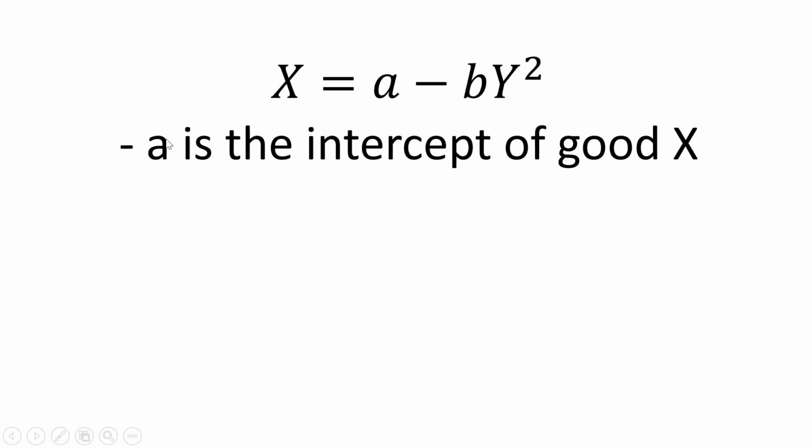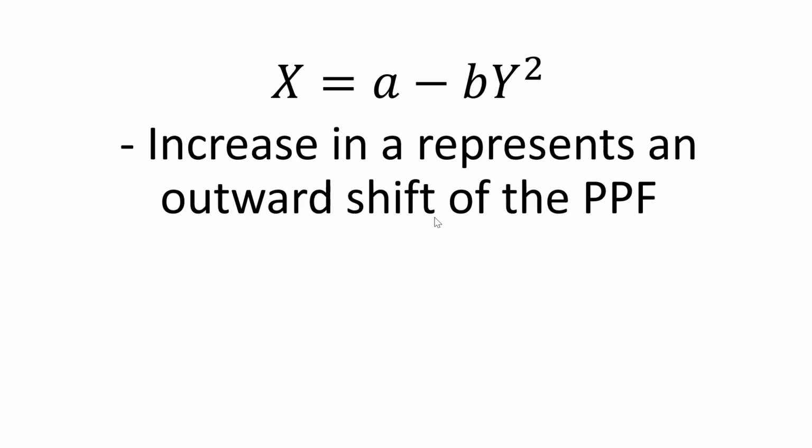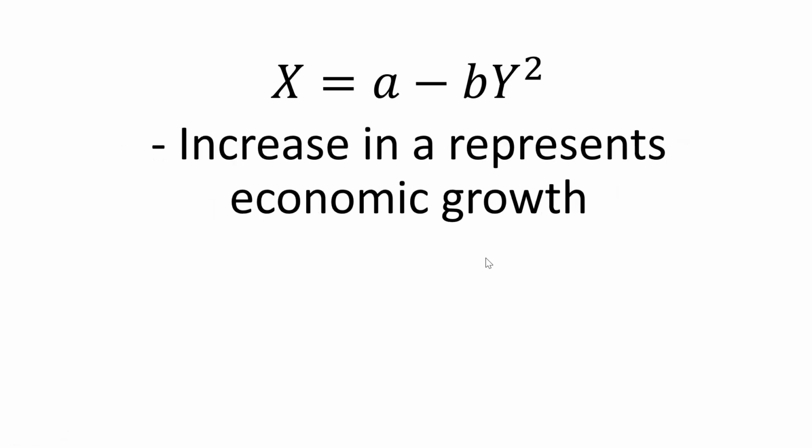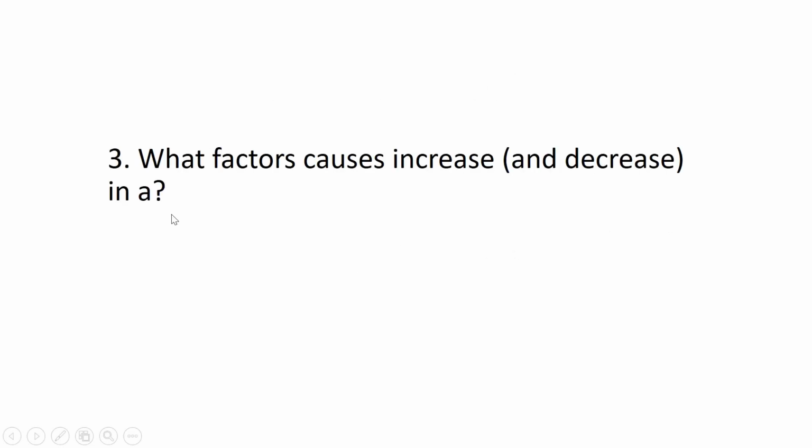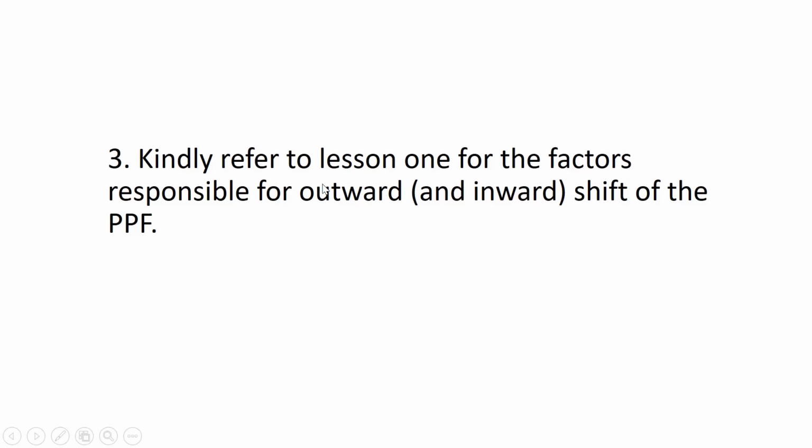So if we have a PPF, a curve for X and Y, and the intercept increases, it means that we can produce more of both goods. So increase in A represents an outward shift of the PPF. And when we have an outward shift of the PPF, we say that we have economic growth. Kindly refer to lesson 1, where we worked with the curve, and you are going to get answers.